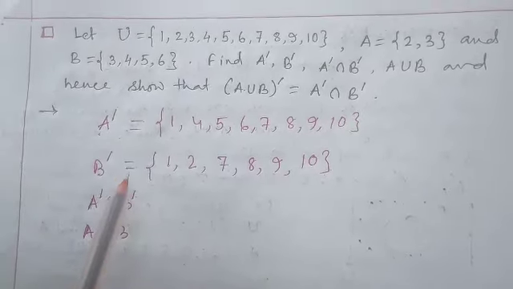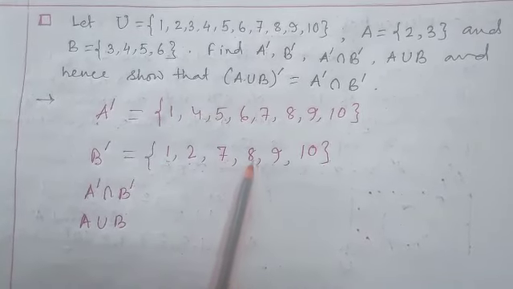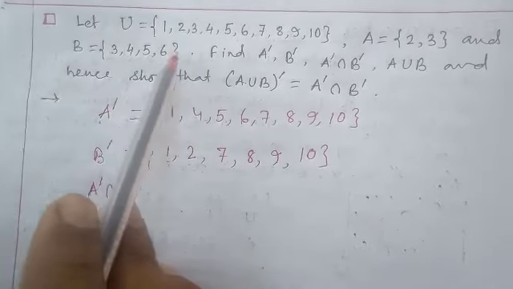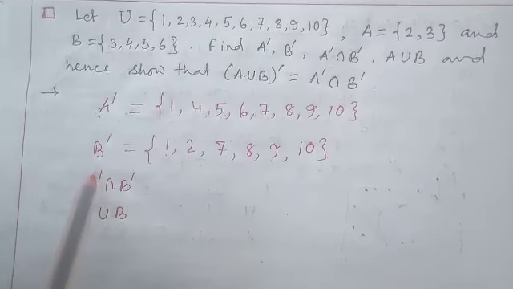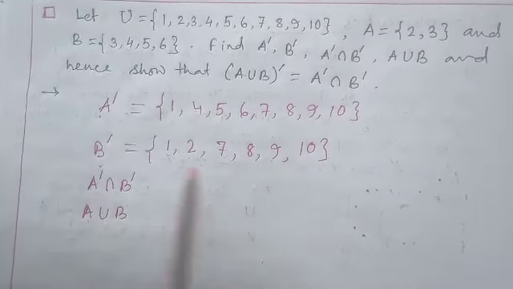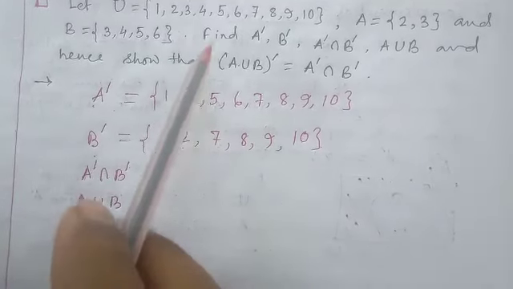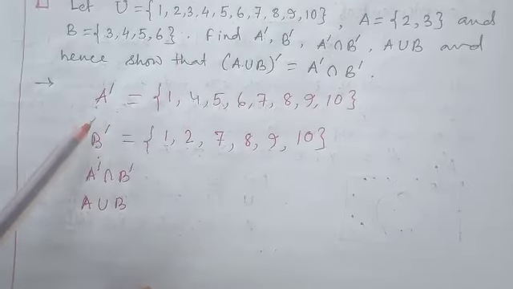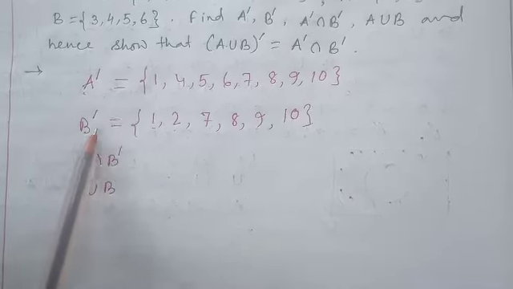Next, B complement set: you see here 1 2 7 8 9 10. Why? Because 3 4 5 6 are included in set B. So B complement equals all the elements of the universal set except the elements of set B. So this is the complement of set B.